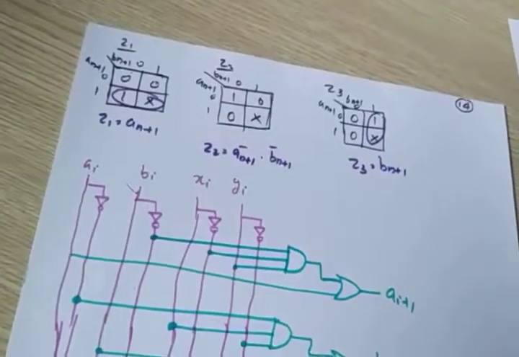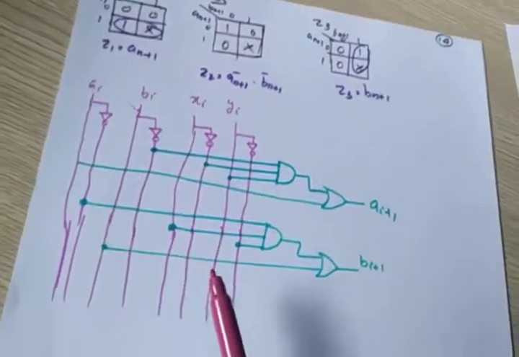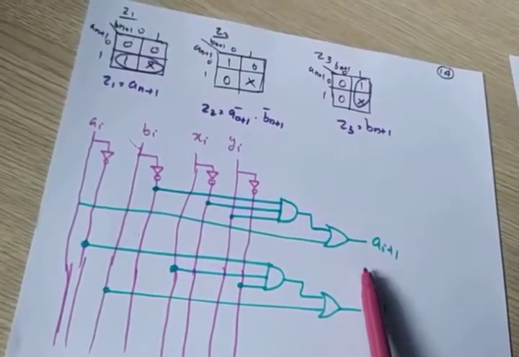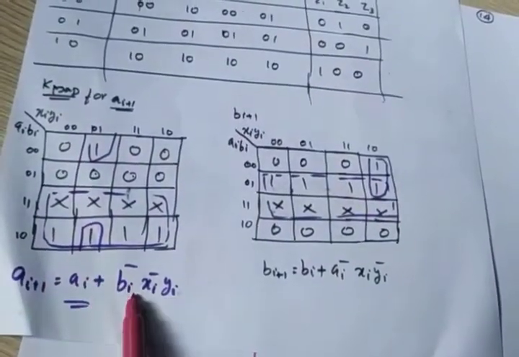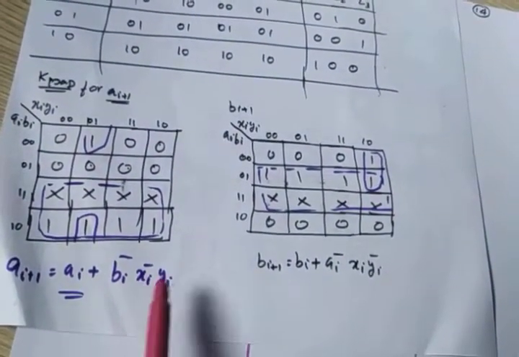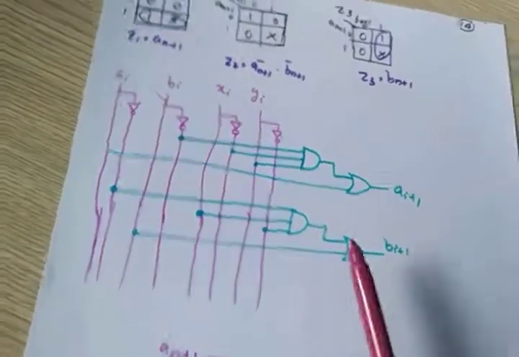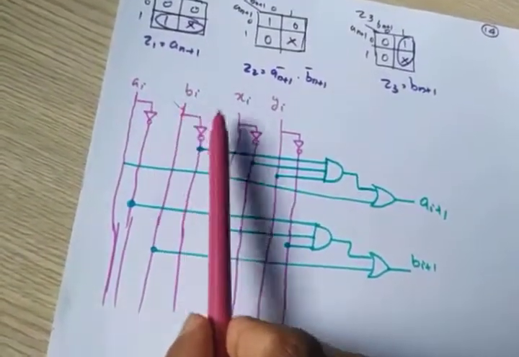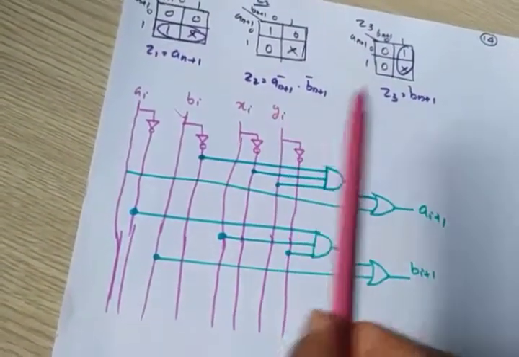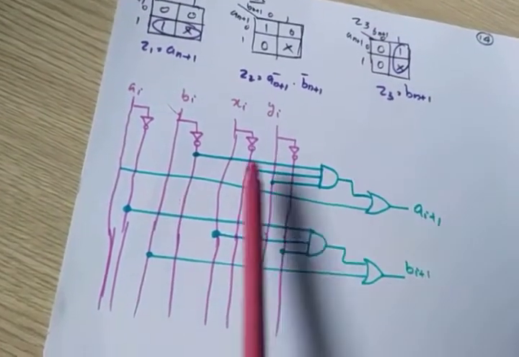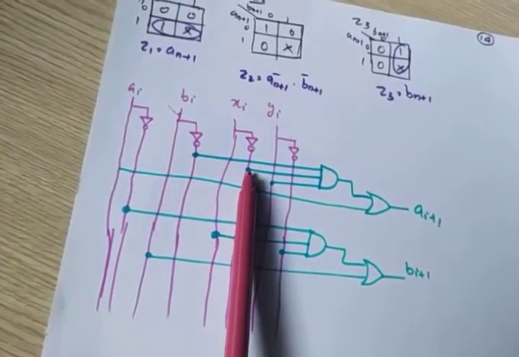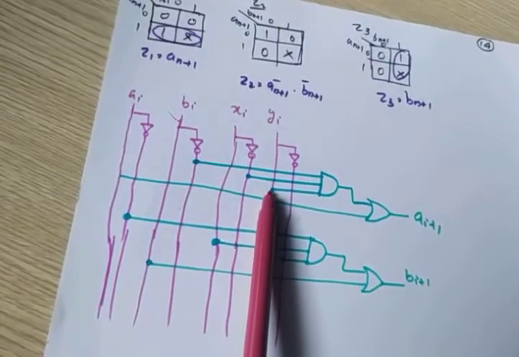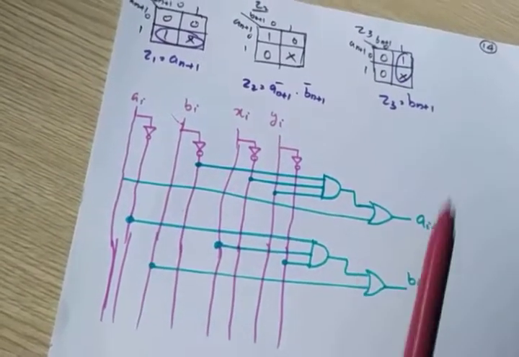Now draw the circuit. You have all the equations. So what is ai plus 1? ai plus 1 is equal to ai plus bi bar xi bar yi. So you need ai bar, bi bar, xi bar, yi bar. So ai plus 1 equals bi bar xi bar yi plus ai.